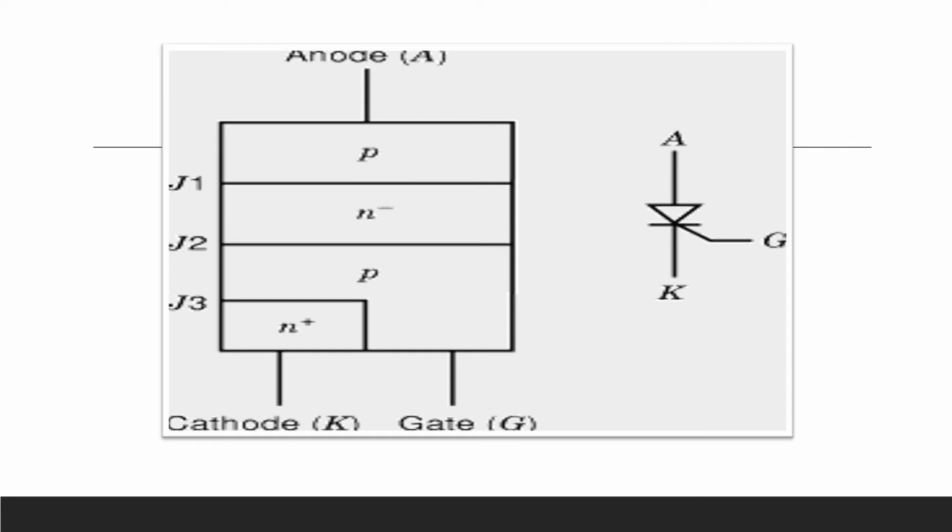This device is also known by several other names such as conductivity modulated FET, COMFET, insulated gate transistor, insulated gate rectifier, gain enhanced MOSFET, and bipolar FET. The basic structure is shown for an N-channel device here in this figure.